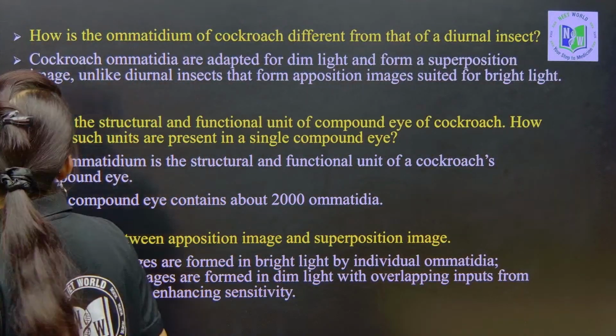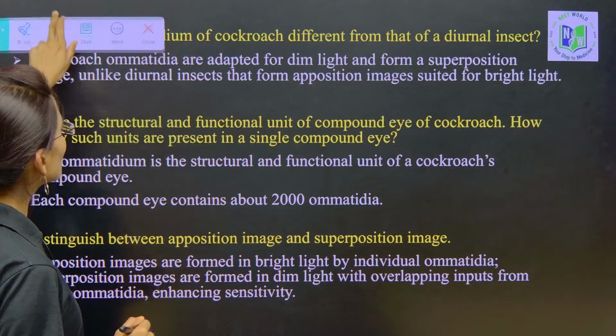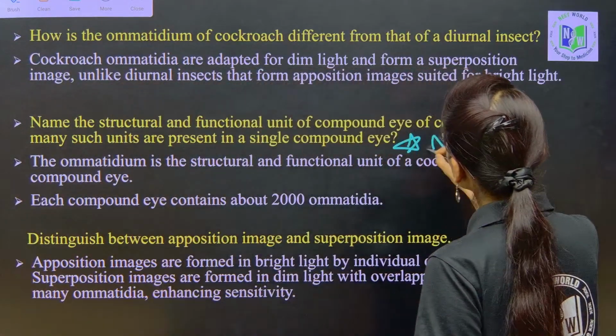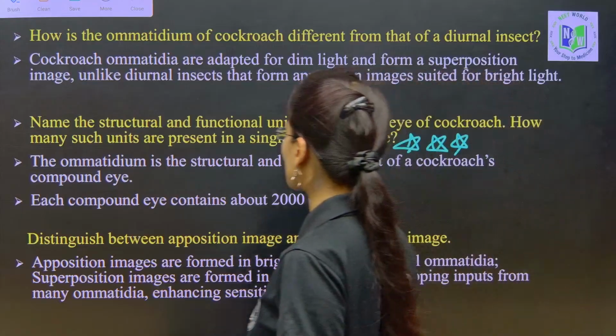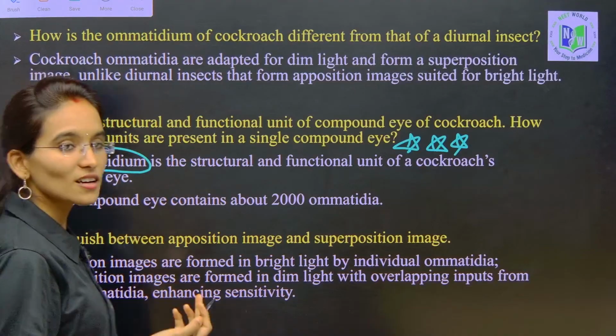Now look into one more most important very short answer: name the structural and functional units of the compound eye of the cockroach. This is most important; we can expect this question in the IPE exam. The ommatidia are the structural and functional units.